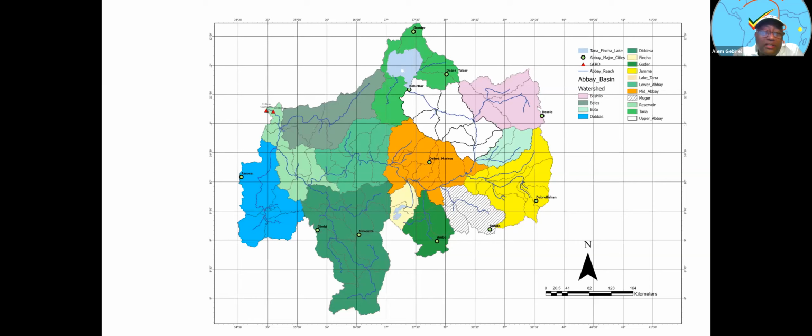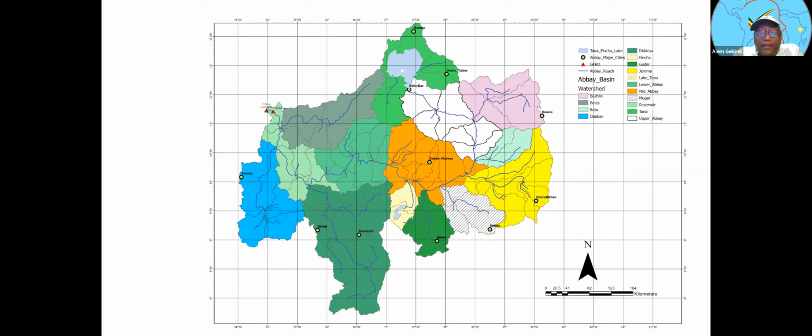The only stream gauging station we have that collects flow from the entire watershed is the El Deim gauging station. Once the reservoir is built, you probably won't have any other source in the future, because that's controlled by the reservoir outflow.